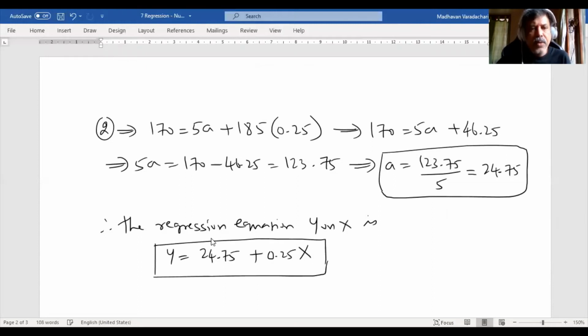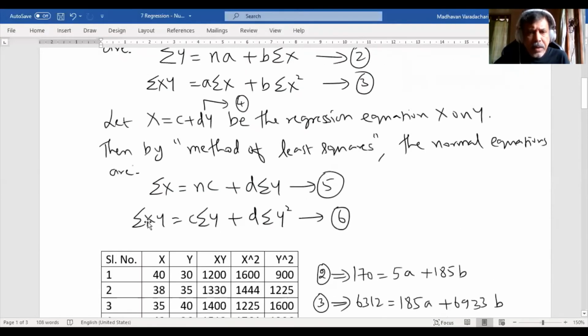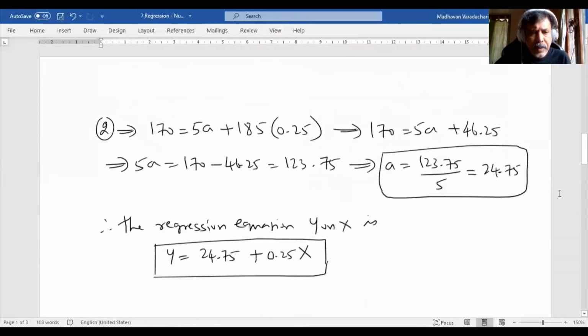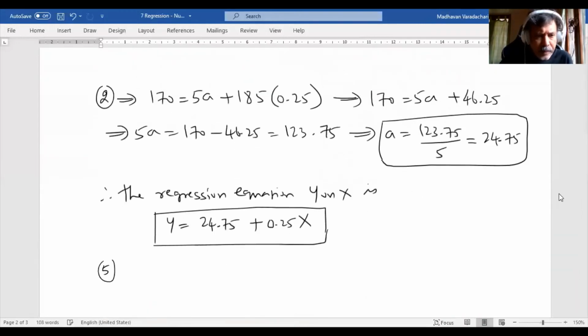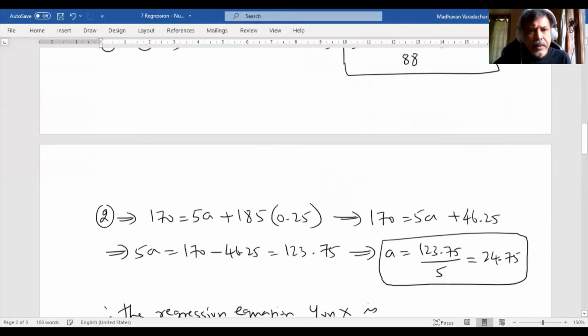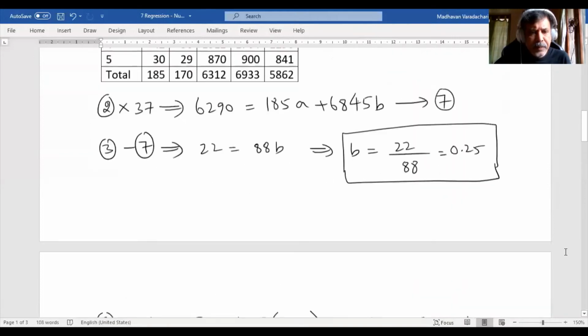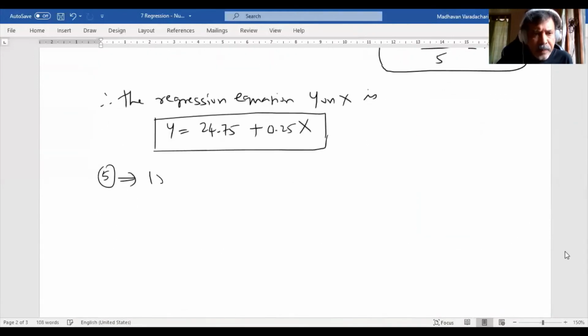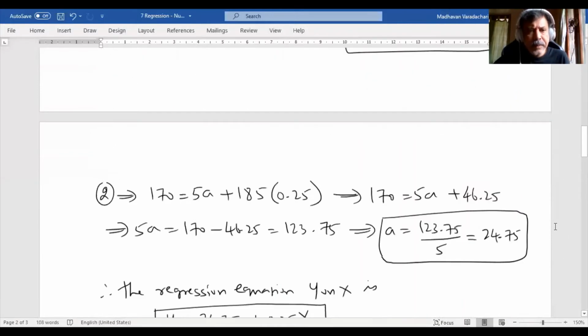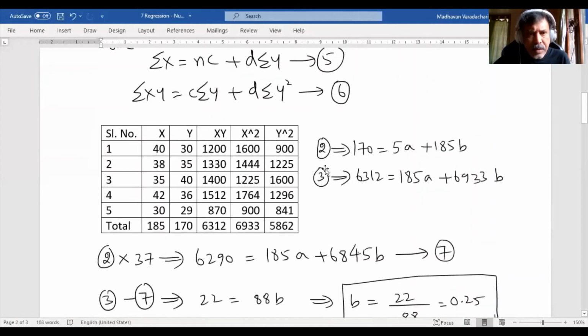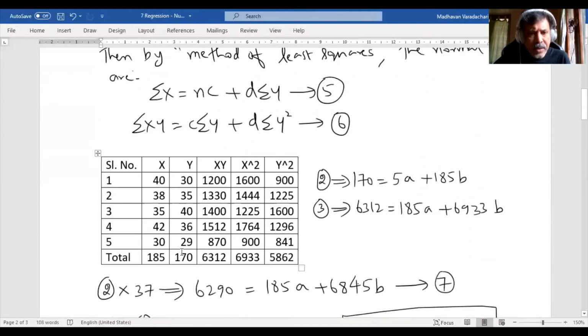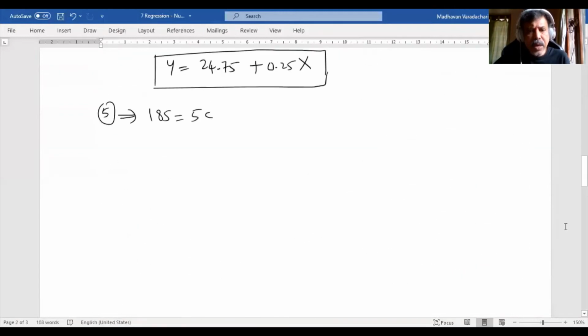Now in the same way, let us find the x on y equation. Let us go back. Here we have the fifth equation. The fifth equation is sum x, which is 185, equal to n times c plus sum y, that is 170 times d.